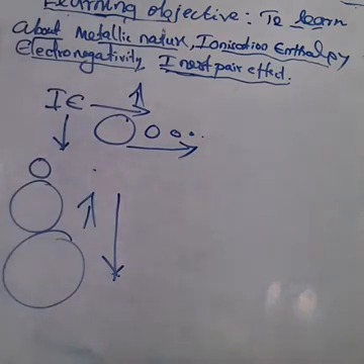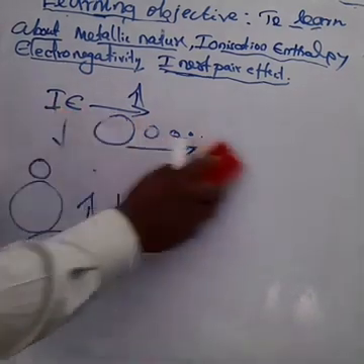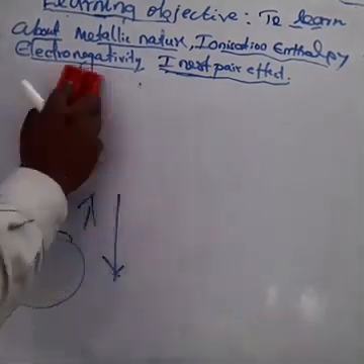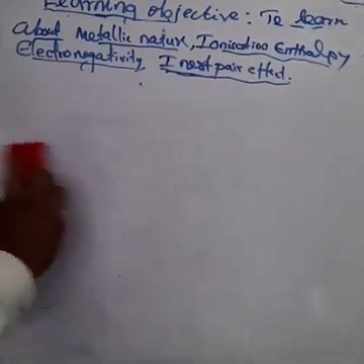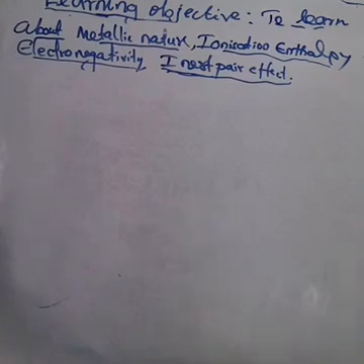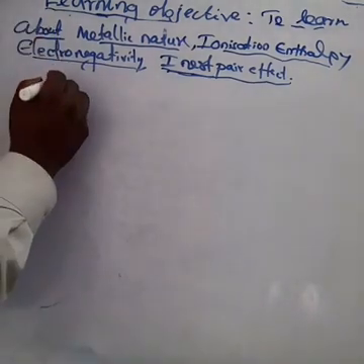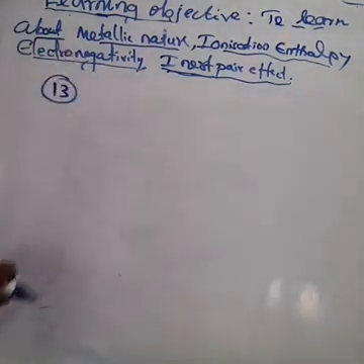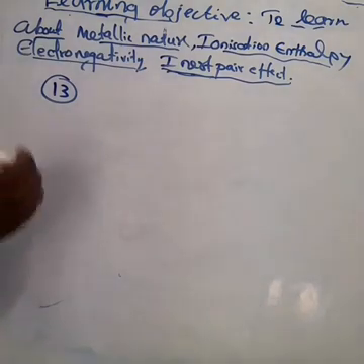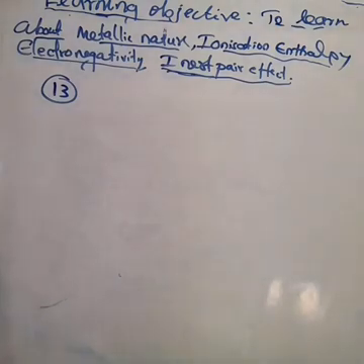Here is one more point we have to discuss. In group 13, boron to aluminum, the ionization energy decreases. Please look at page number 28. That is the arrangement of elements: boron, aluminum, gallium, indium, thallium.